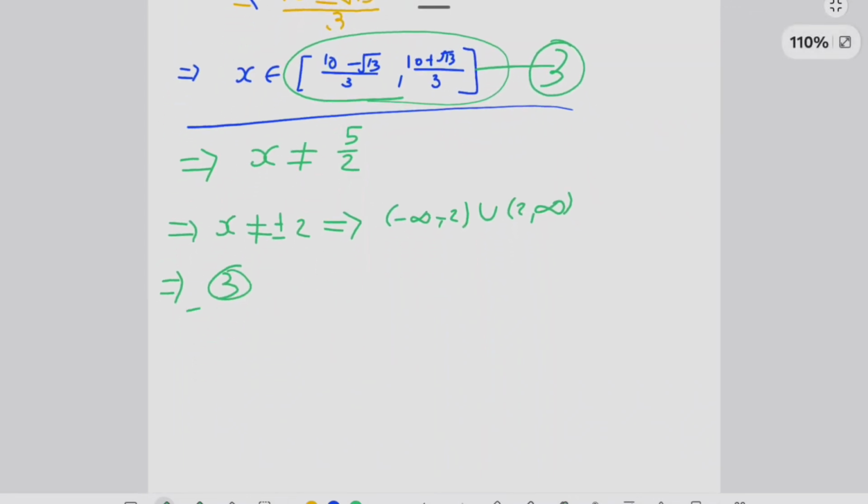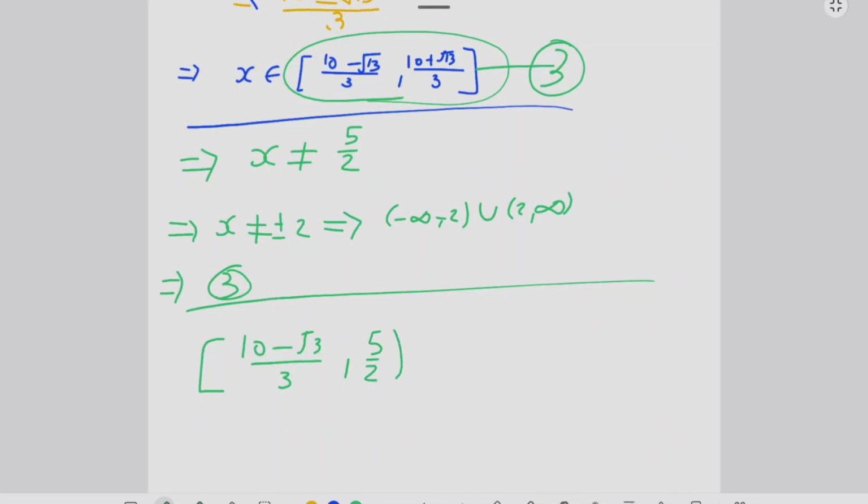So combining all three conditions, we will get the final answer, which is the interval 10 minus root 13 divided by 3 up to 5 by 2, open interval, union 5 by 2 to 10 plus root 13 divided by 3. So this is our final answer.